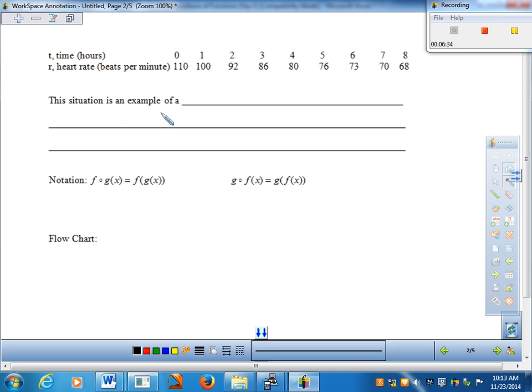This situation is an example of a composition of two functions. Okay, and the idea, as we saw in our investigation, is that the output of one function becomes the input of a second function.